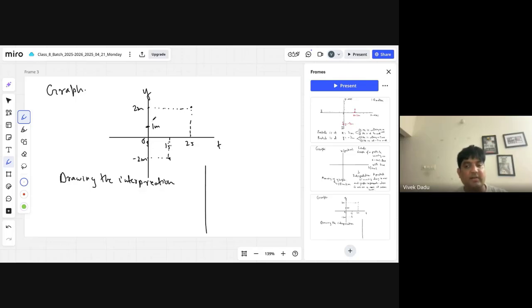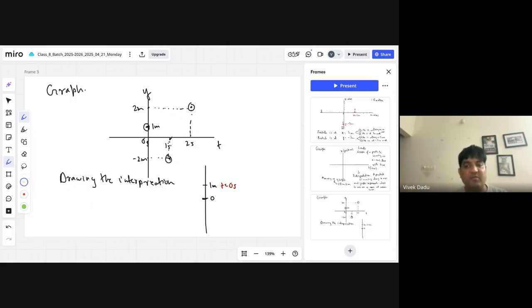First I draw 0, then here 1 meter mark, and beside 1 meter, I will write t equal to 0 second.